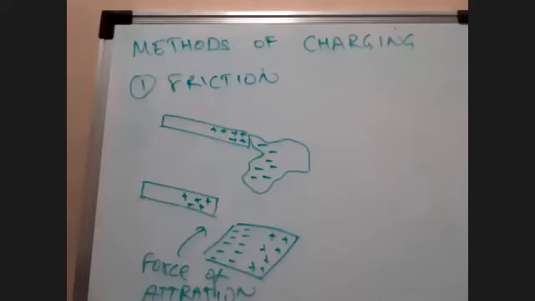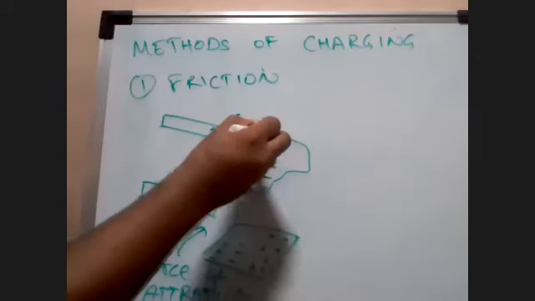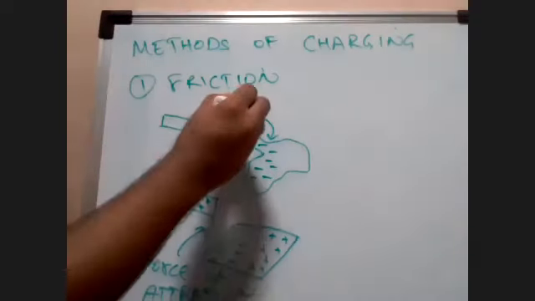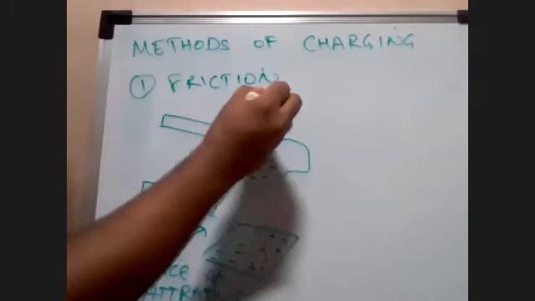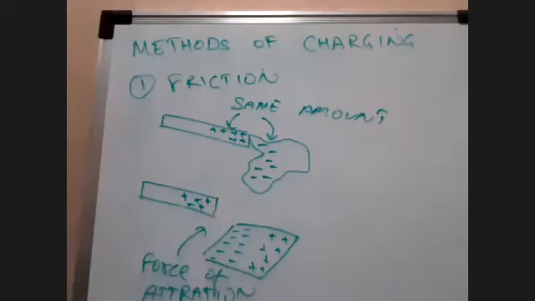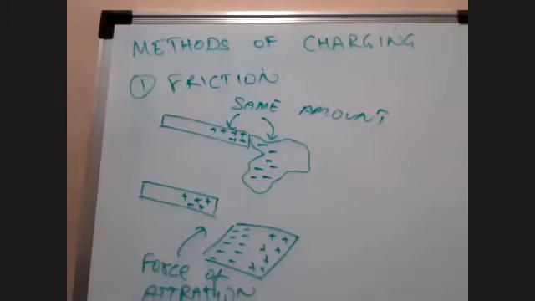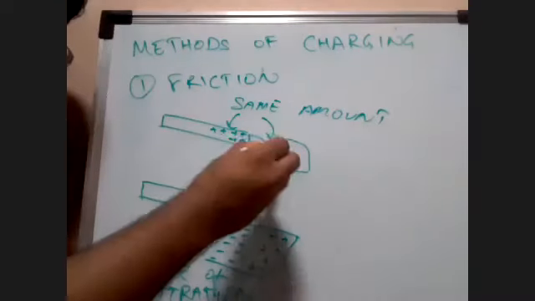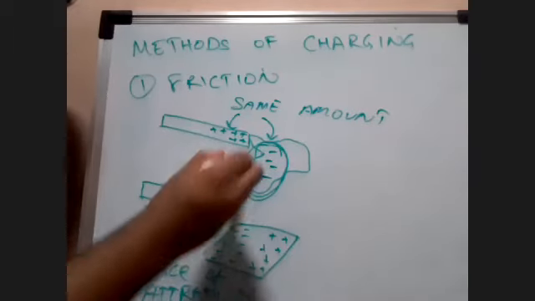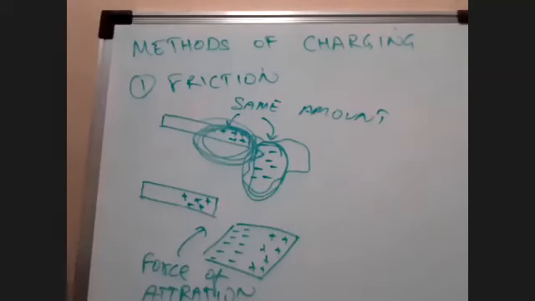But remember that the charges which come on the glass rod and those transferred to the cloth are going to be the same amount. It is not that more electrons will go here and fewer positive charges will come there. Equal amounts of charges get transferred. As many negative charges as are transferred to the cloth, that many positive charges remain on the glass rod. I hope this is understood.